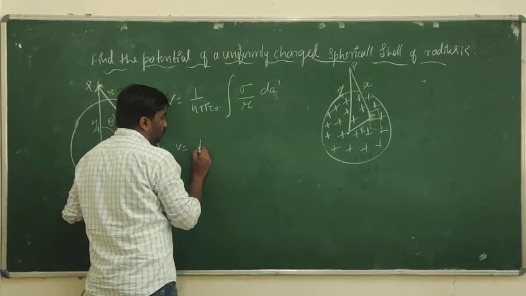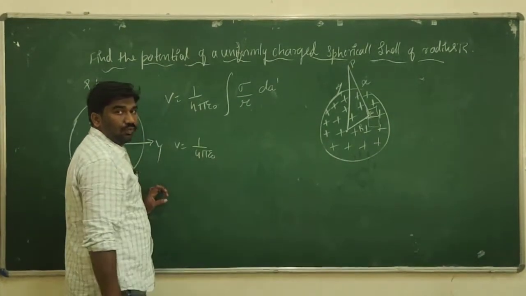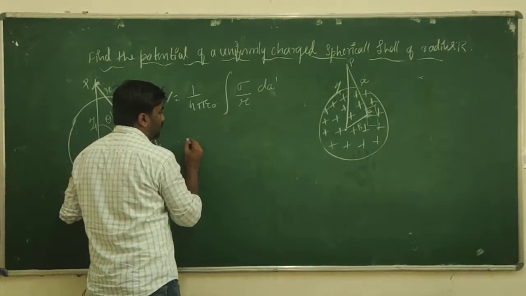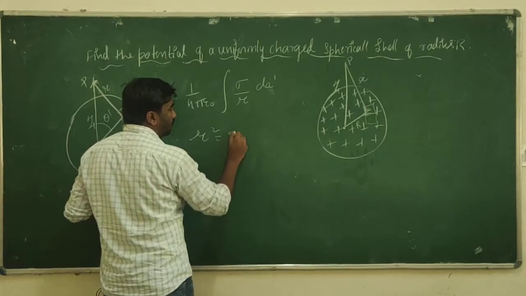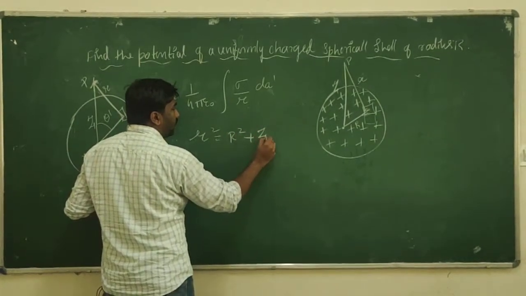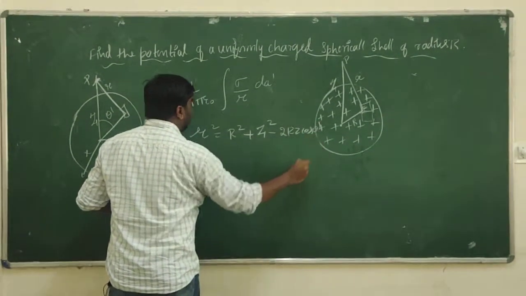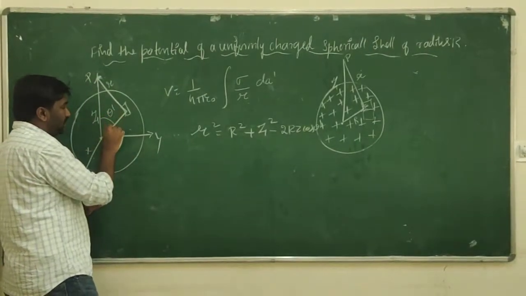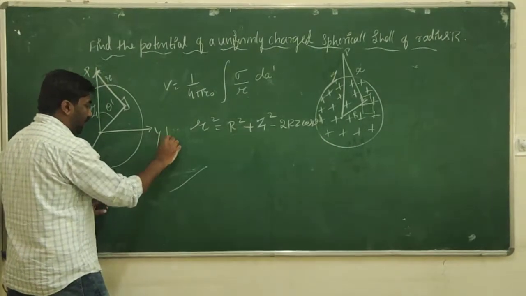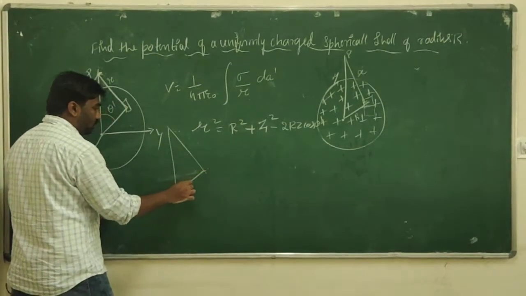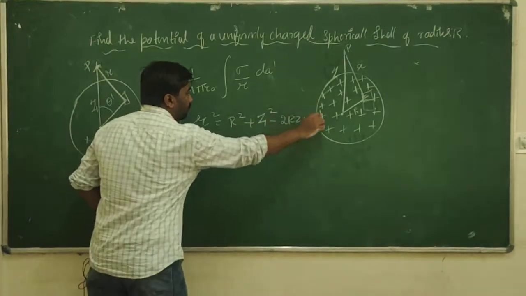So V is equal to 1 by 4 pi epsilon naught. First we need 1 by r. Using the cosine rule, we know that r square is equal to r square plus z square minus 2rz cos theta dash. If this is cos theta dash, see the position, the vector will be like this. By using the parallelogram of vector addition, we can easily get this equation.